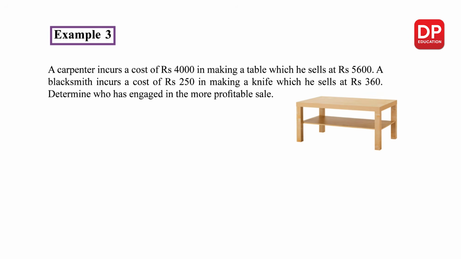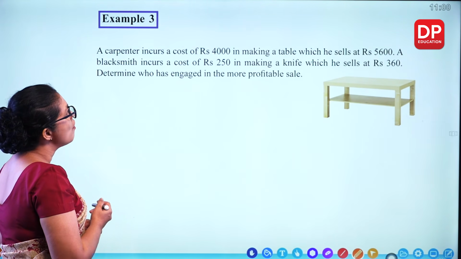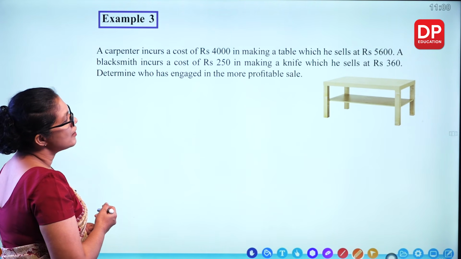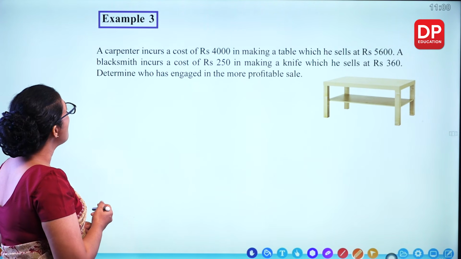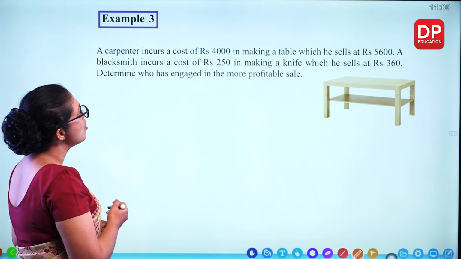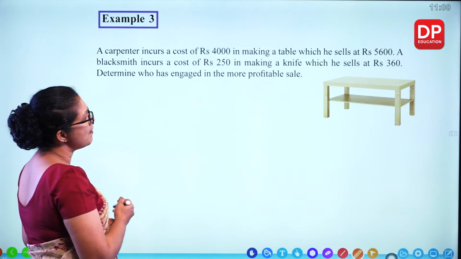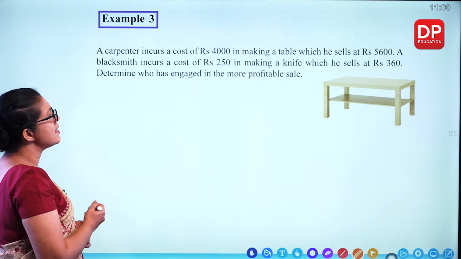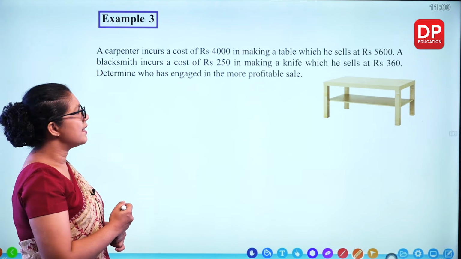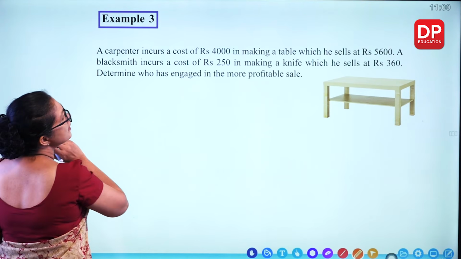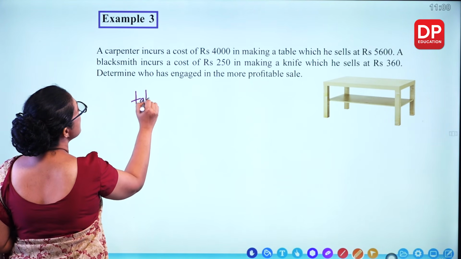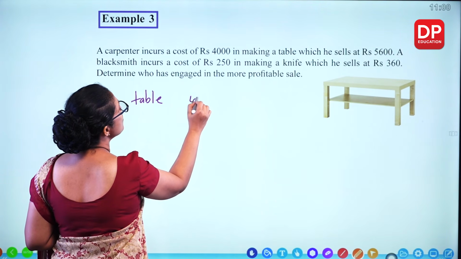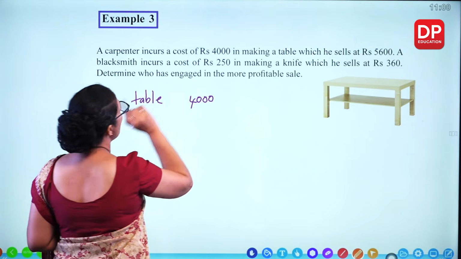Example number 3. A carpenter incurs a cost of 4,000 rupees in making a table which he sells at 5,600 rupees. A blacksmith incurs a cost of 250 in making a knife which he sells at 360. Determine who has engaged in the more profitable sale. So we will take the carpenter for the table: 5,600 selling price and 4,000 buying price, the cost.